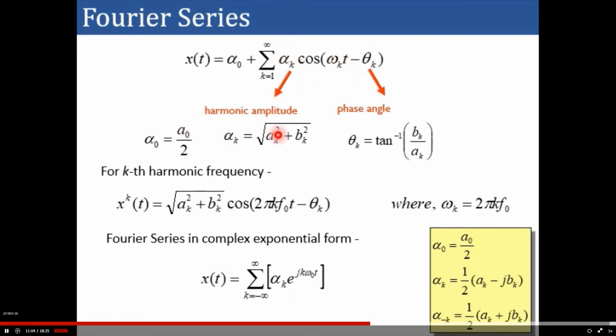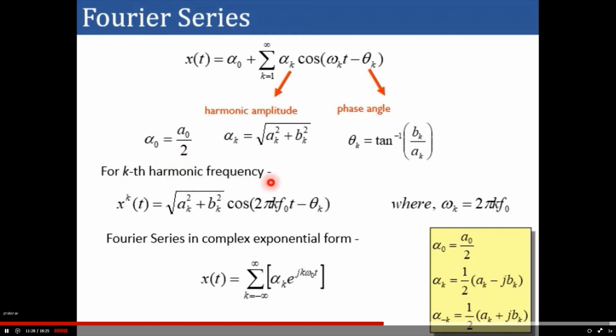Alpha k is nothing but the harmonic amplitude and theta k is the phase angle. So we can write theta k as tan inverse of b_k upon a_k, and alpha k, as we discussed, will be root of a_k square plus b_k square, and alpha naught is nothing but a naught by 2.